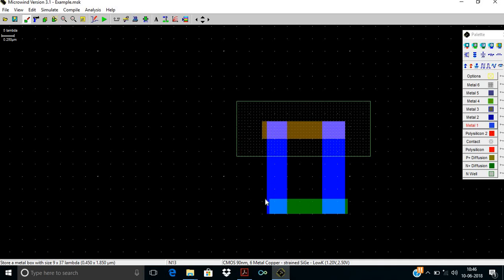Okay, I will resize this. Put the material: upper side P plus contact, sorry, upper side P plus contact, lower side N contact.